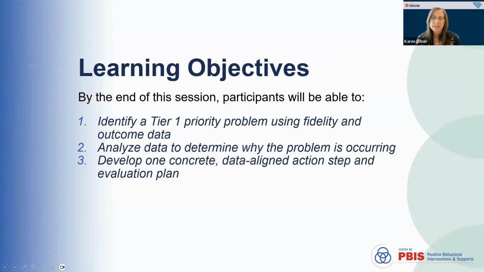We hope that by the end of this very brief session today, you're able to come up with some ways to identify your problem as a priority, using both fidelity and outcome data, and that you can use those data to determine why the problem is occurring and to develop a data-aligned action step and evaluation plan.